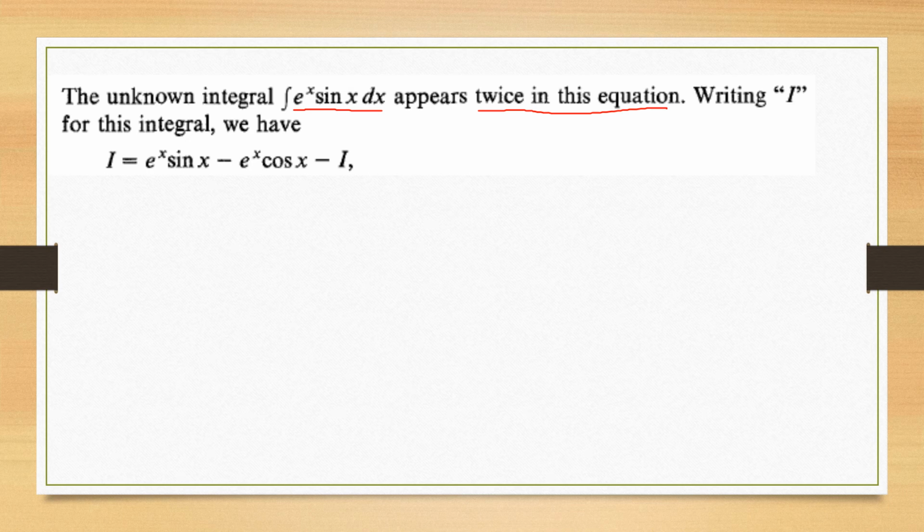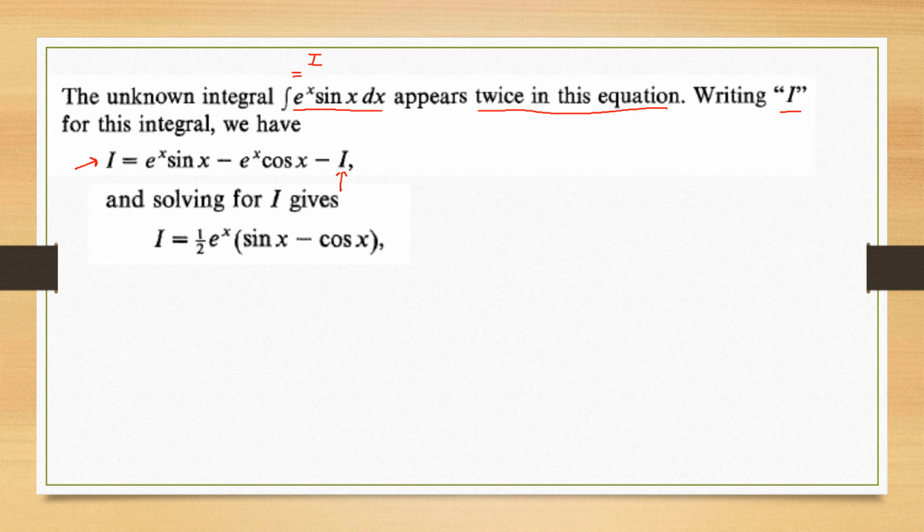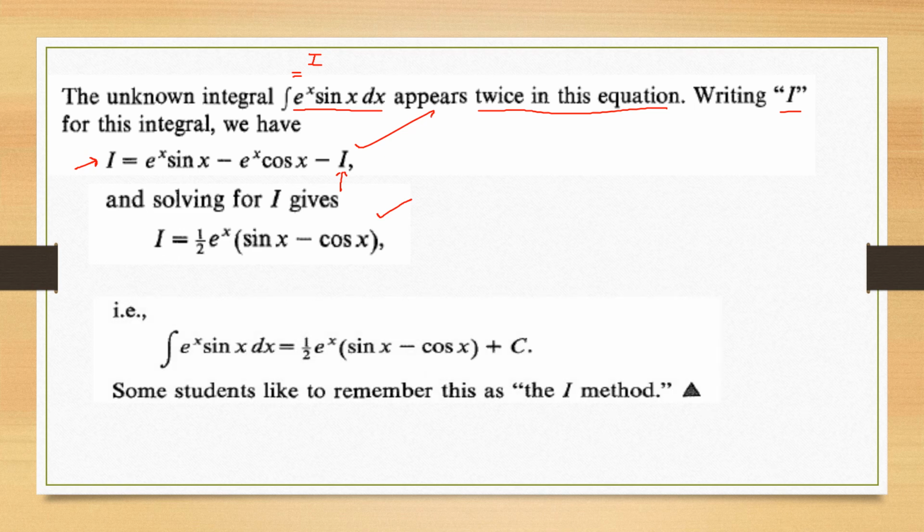Writing I for this integral, let's say that it's equal to I, which is appearing here on the right hand side while on the left hand side also. Solving for I, we obtain this. Simply we shift this I on the left hand side and we obtain this solution. And we can write the solution of the given integral. And hope you will remember the I method.